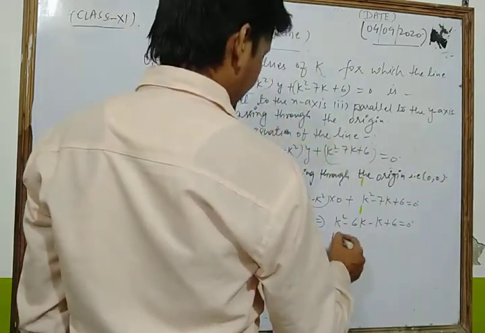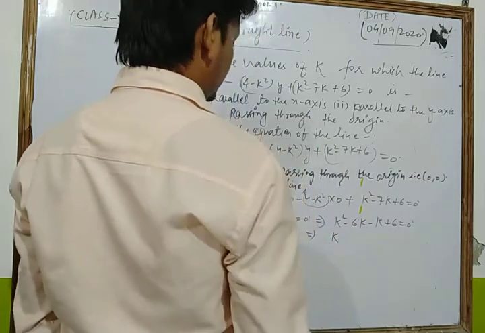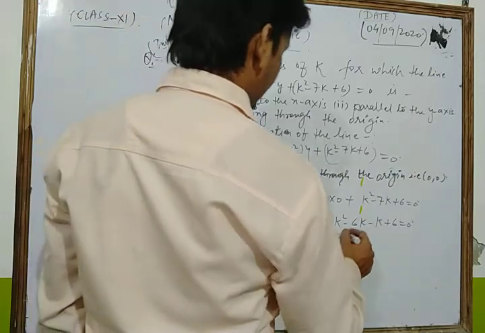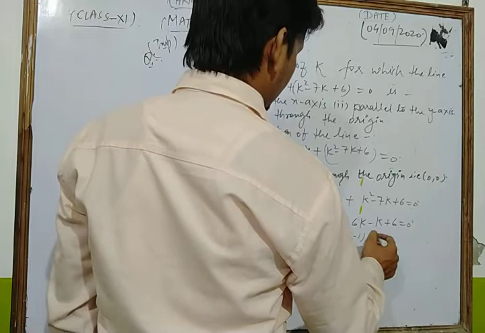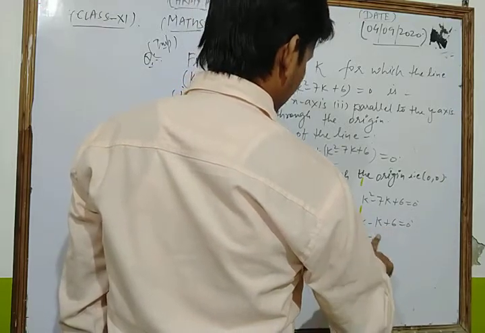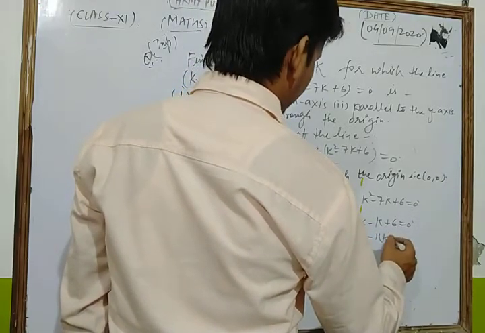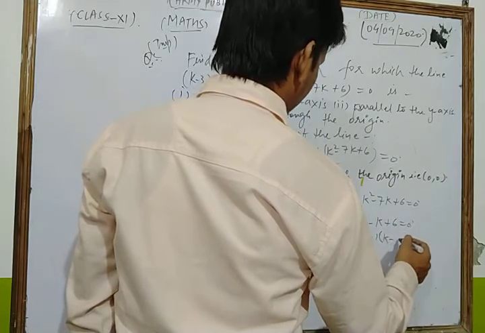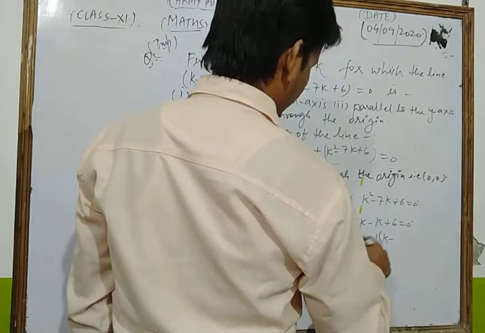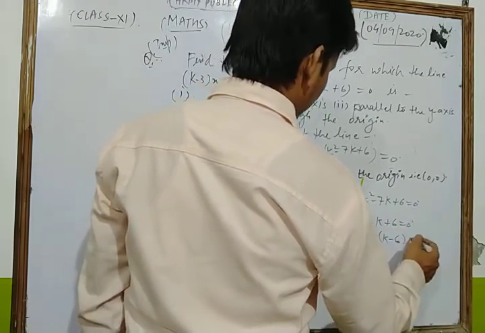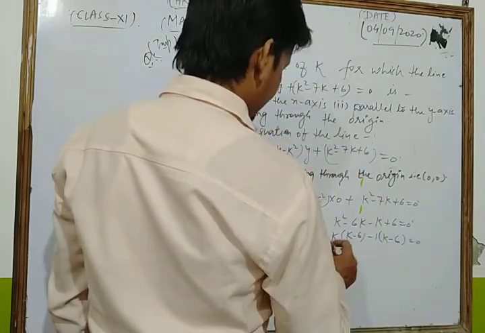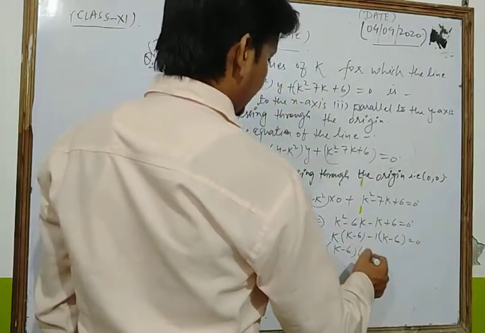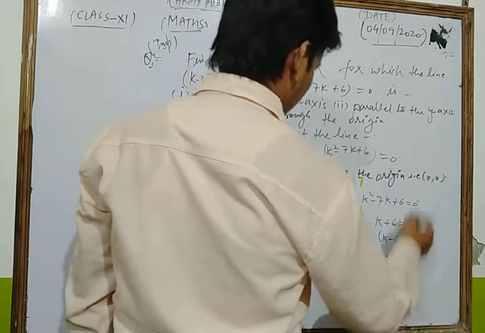Now here we take k common, and we get k minus 1 common, then we get k minus 6 is equal to 0. Now we get k minus 6 in one bracket and k minus 1 in the other, equal to 0.